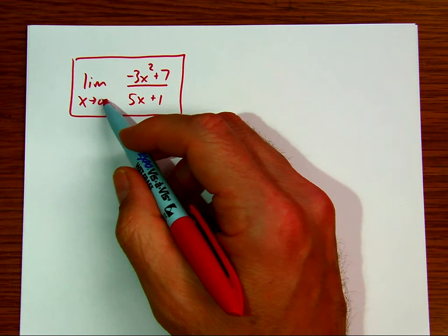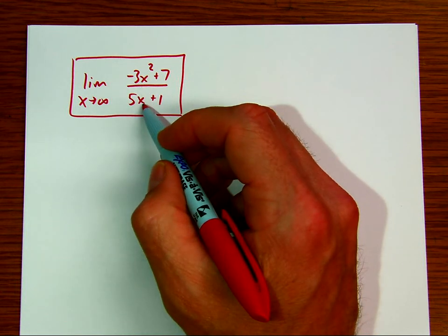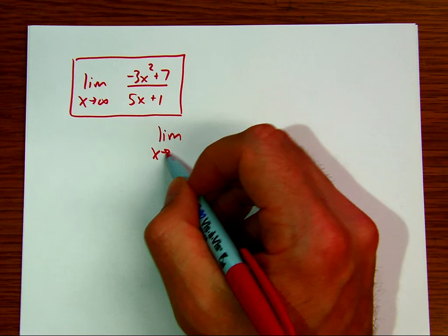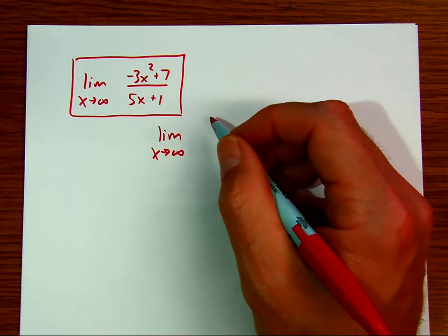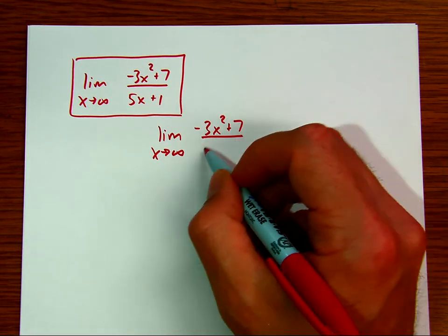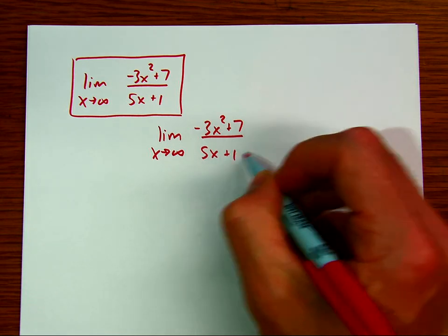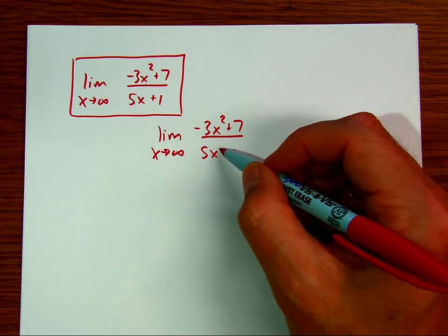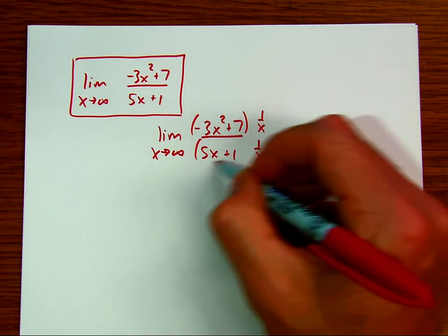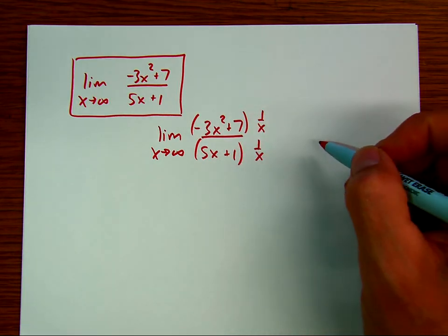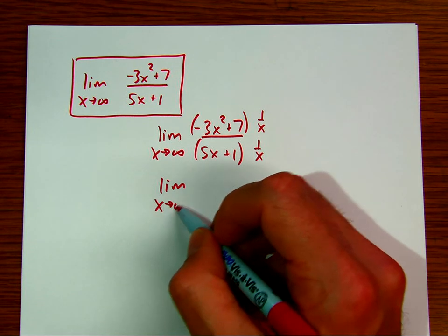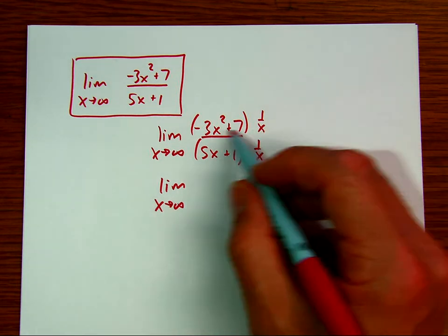If we put infinity in, we get infinity over infinity, and that's indeterminate. So we should rewrite it. Let's look for the degree of the denominator. So we'll copy everything, put an x under it.